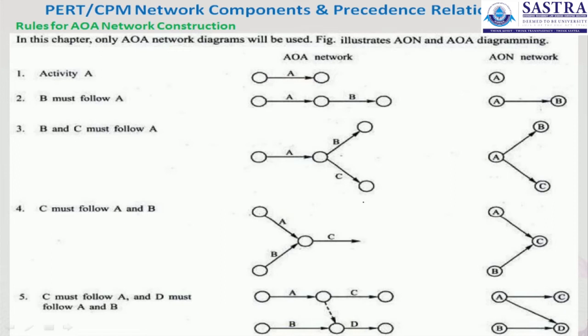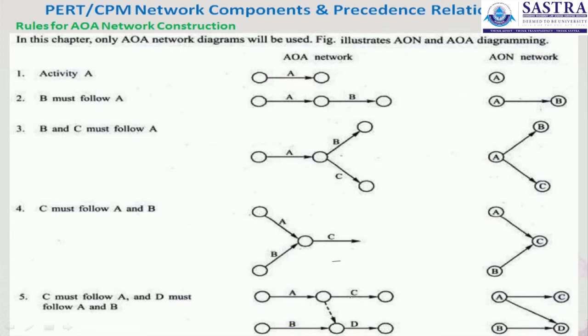Next, C must follow A and B. Here the starting activities are A and B, and after A and B, C will be there. This is the diagram: A and B are the starting activities, based on which C follows. And the fifth diagram is represented.